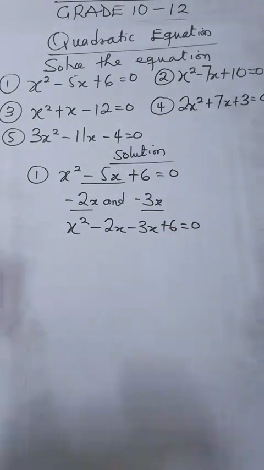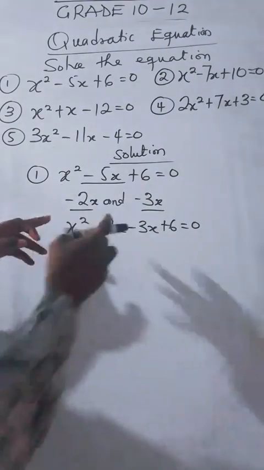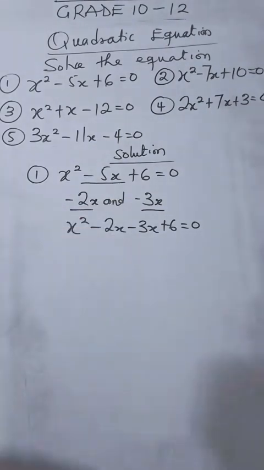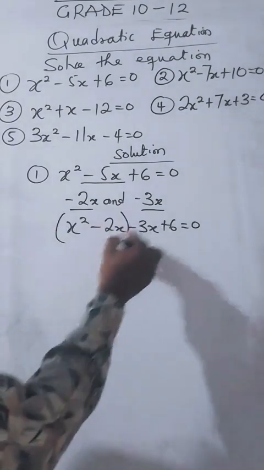So you maintain the x squared and the 6 and replace the minus 5x with the factors that satisfy the quadratic equation. Good.